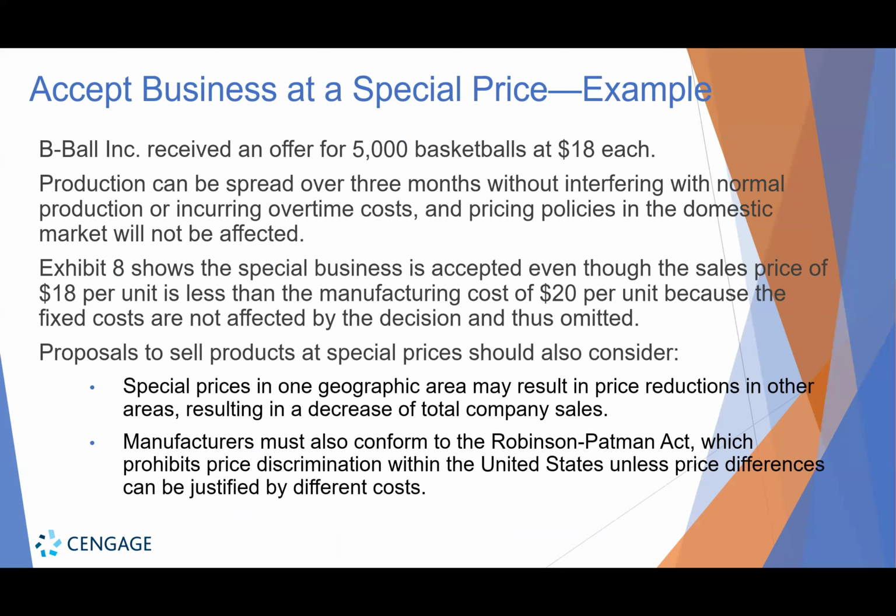But we're getting an offer to sell 5,000 basketballs at $18 each. Production has to be over 3 months, so normal operations aren't hindered. So what would we do in this case?